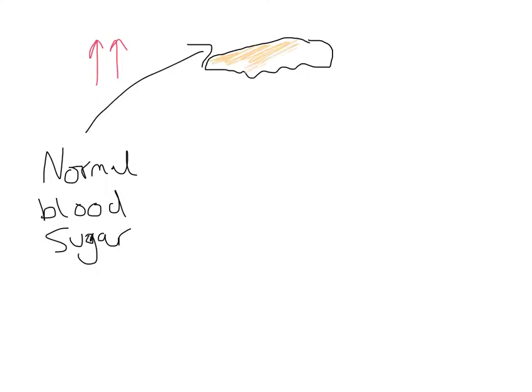It's a very rough sketch of the pancreas here. Then what the pancreas will do is release a hormone called insulin. And the job of the insulin from the pancreas is to lower blood sugar.